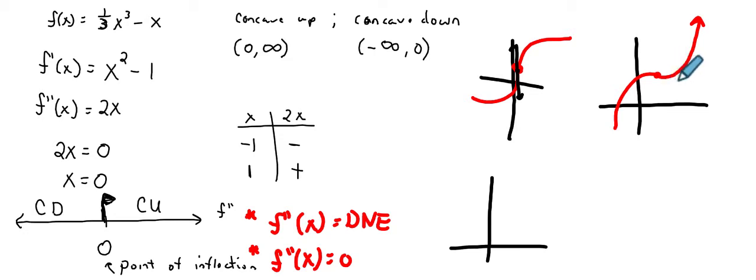When concave up, our function is above our tangent lines. But at those points when we switch from concave down to concave up, our tangent line will be horizontal, and that slope of our tangent line is equal to 0.